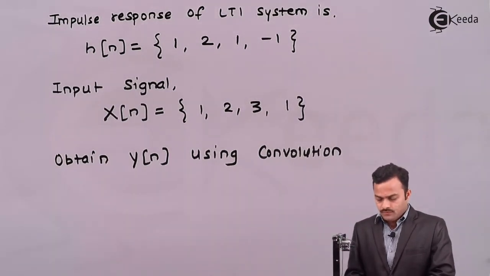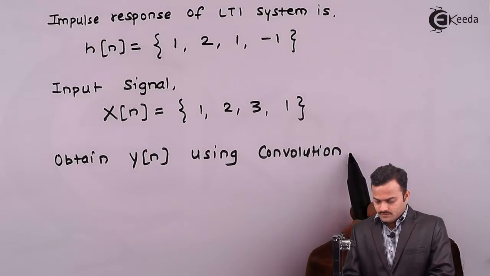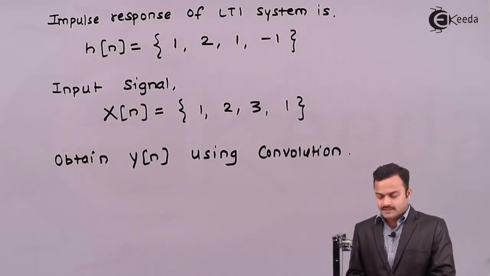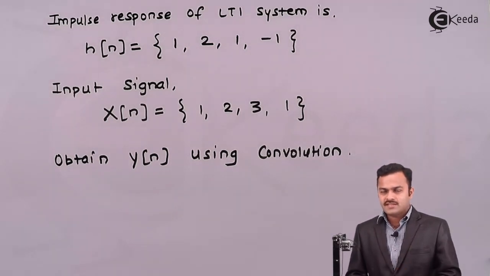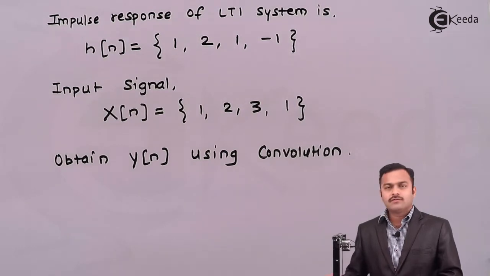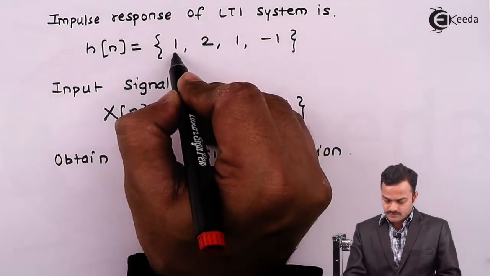Now, first step, we need to plot the signals. But for plotting, I should know where the origin is. If nothing is mentioned as far as the origin is concerned, the first element you take as the origin.